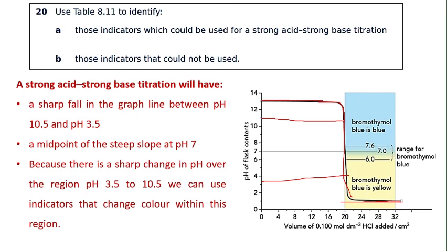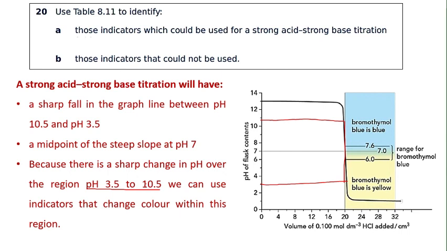So that is the pH range for strong acid and base. Any indicator that comes in between pH 3.5 and 10.5 can work for a strong acid and strong base titration.